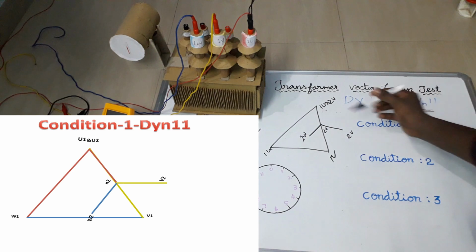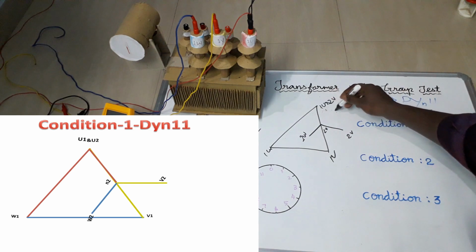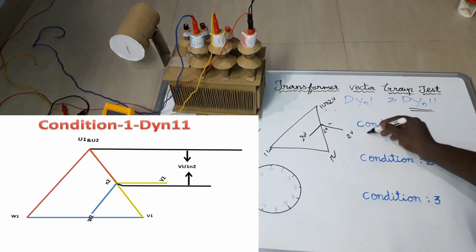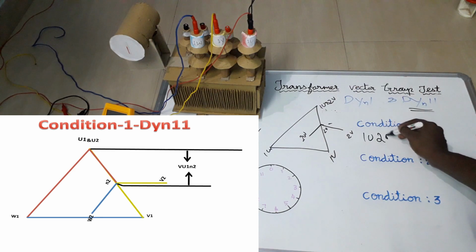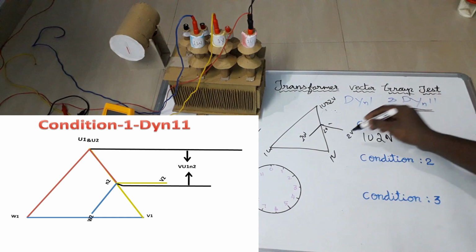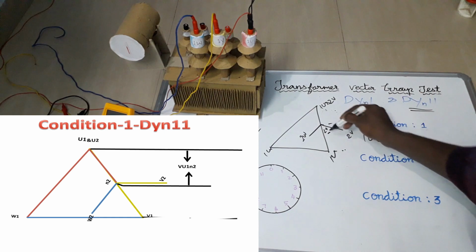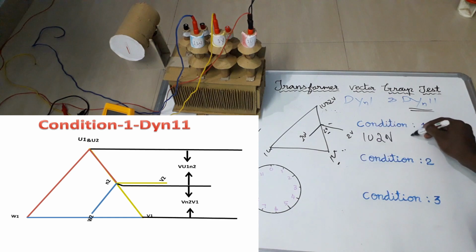Condition 1, I am going to measure voltage from 1U to 2N. 1U, 2N. Second, I am going to measure from 2N to 1V. 2N to 1V.